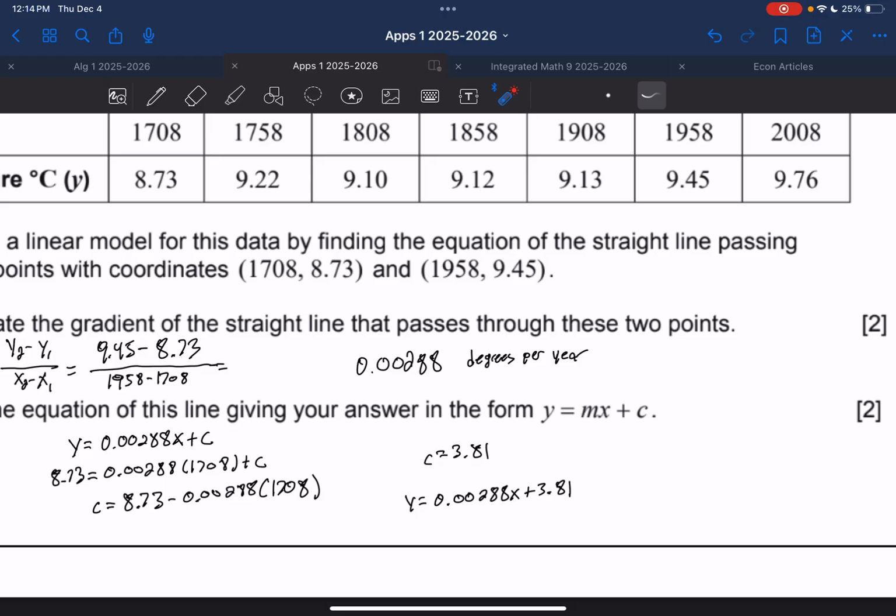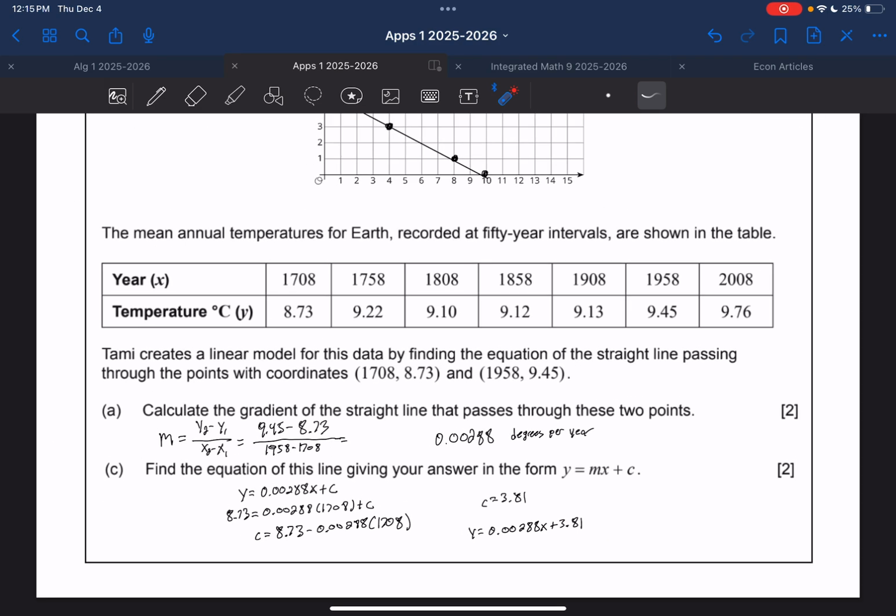For me, I would say, well, if this is the temperature in year 1708, and this is the temperature in year 1958, these are our x values, those are our y values, our y-intercept must be the temperature in the year 0. So in the year 0 CE, according to our model, the temperature should be 3.81. And the question is, is that reasonable? Probably not, because if you know anything about the world, you probably know that the recent rise in global temperatures is because of the increase in carbon dioxide from the Industrial Revolution onwards.